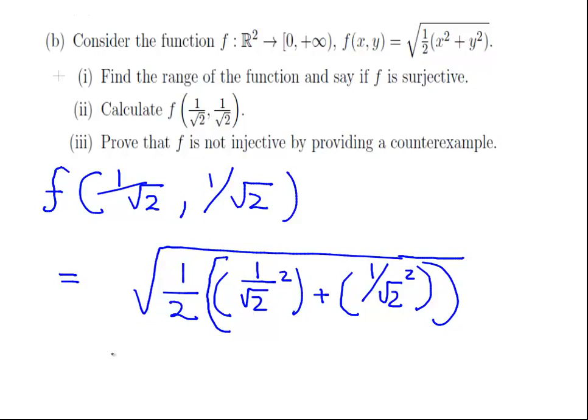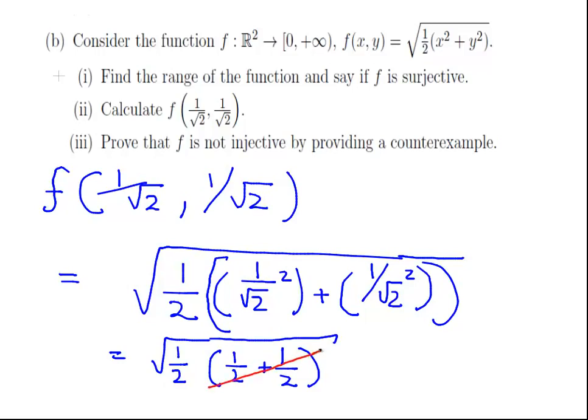So it's the square root of a half of a half plus a half. What's a half plus a half? That's just 1. So we end up with the square root of 1 half.